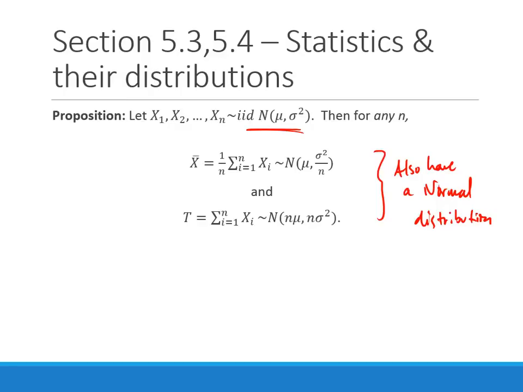So the sample mean is also normally distributed with mean mu and variance sigma squared over n, and a similar thing holds for the sum.